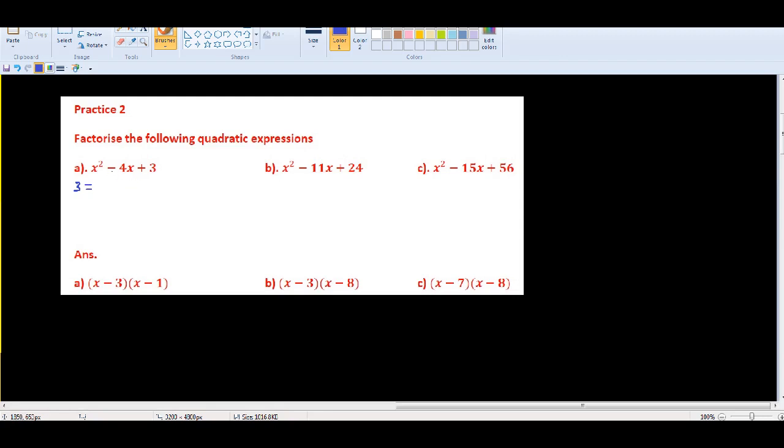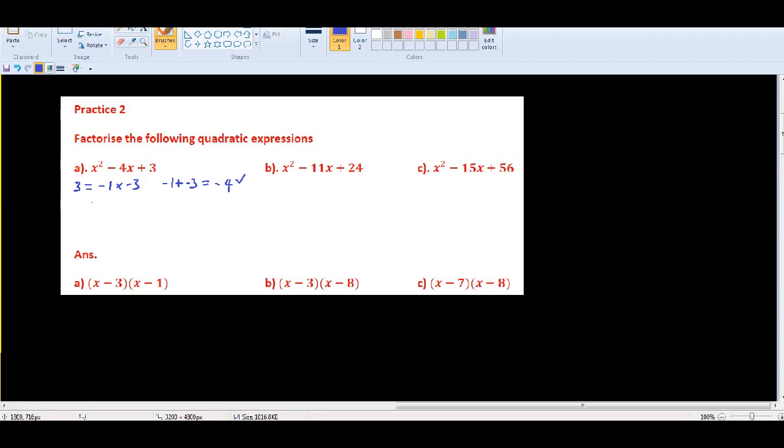Because the middle term is negative, you have 1 times 3, right? Minus 1 times minus 3. And minus 1 plus minus 3, that means minus 1 minus 3, that's minus 4. So it works, because the sum of the two numbers, which are factors of 3, equals the middle term. So let's do the factorization.